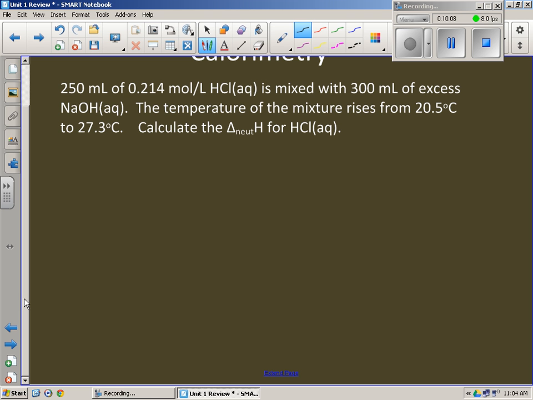That by default means the hydrochloric acid is your limiting reactant, right? How much energy I can produce is based on that alone, because once that runs out, I don't have any more hydrochloric acid left to react with the sodium hydroxide. Once that runs out, that's it. So that tells me how many moles of solution I'm using, or basically how much energy I can produce.